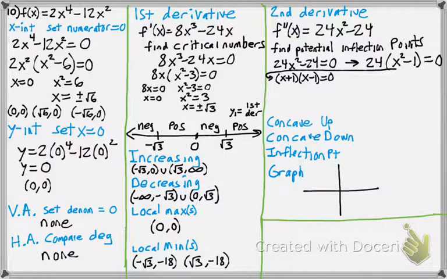So you could also just move the 1 over and take the square root of both sides, but you'll definitely get x is equal to 1 and x is equal to negative 1.